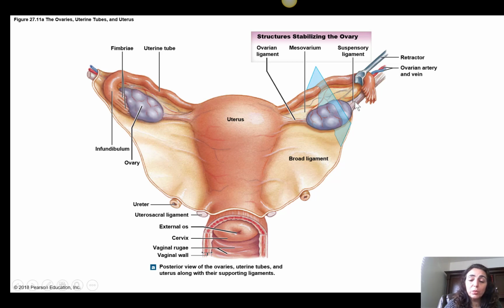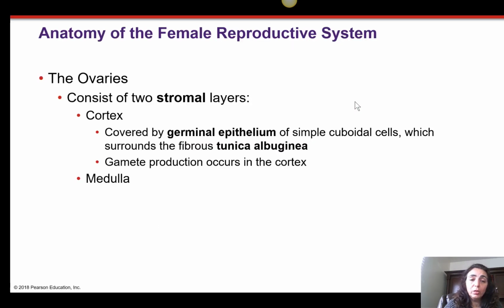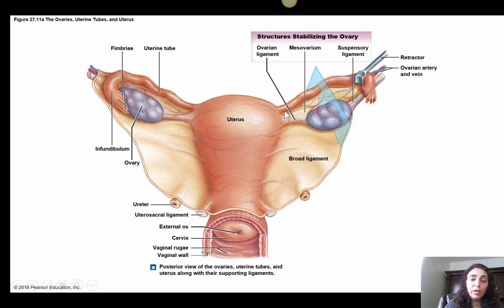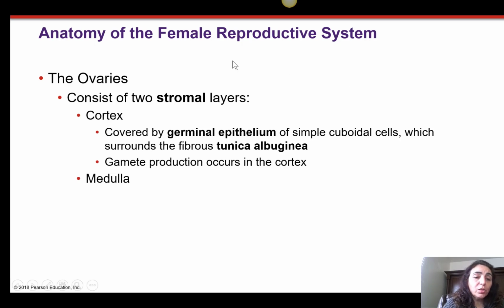If we go to the next picture, we'll see what we have on these sides of the ovary toward the anterior side, right? Ovaries consist of two stromal layers. The outer layer is called the cortex, the inner layer is called the medulla, right? The cortex is covered by the germinal epithelium of simple cuboidal cells.